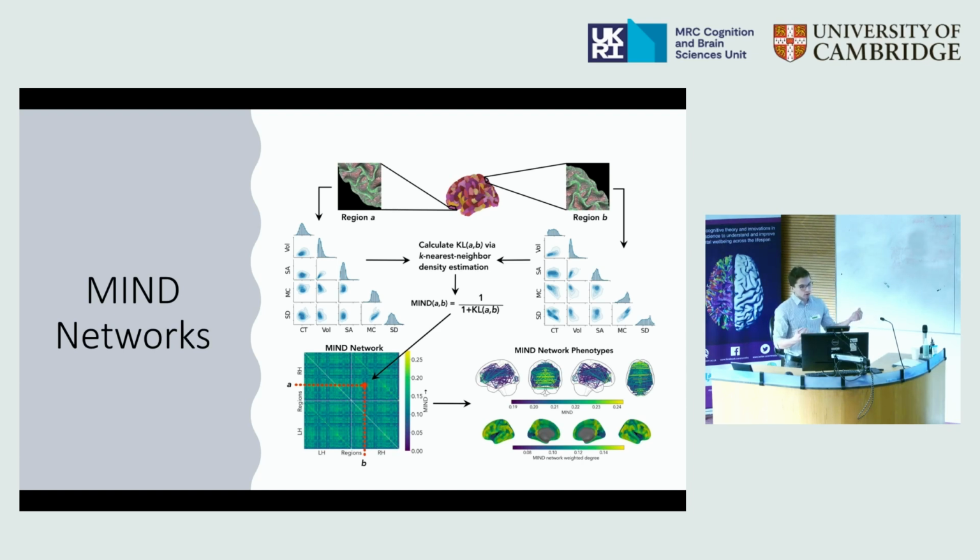Then the similarity between regions can be defined by first taking the statistical divergence between regions and then transforming that divergence into a similarity metric, which I call MIND, which stands for morphometric inverse divergence. That is the metric that I've come up with, and it sets the stage for the rest of the analysis steps that I'll present.